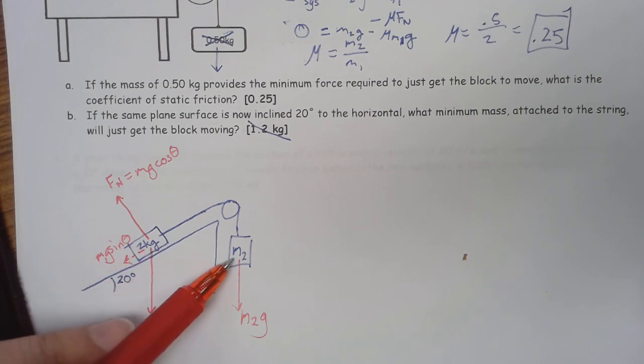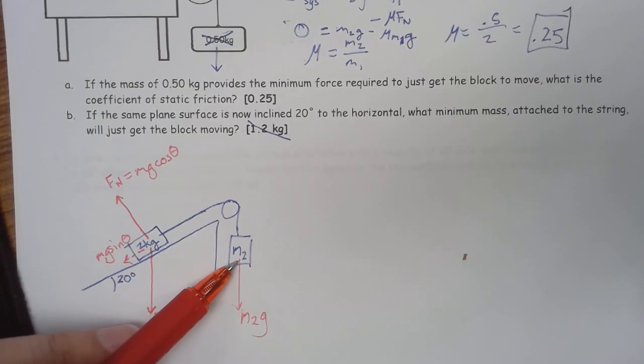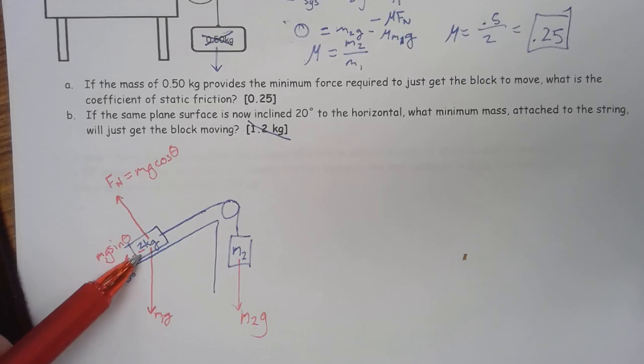If I want a very tiny mass here, which way are we just barely trying to avoid going? If I have a small mass here, this item will go down the ramp. So which way would friction be if I'm going down the ramp?